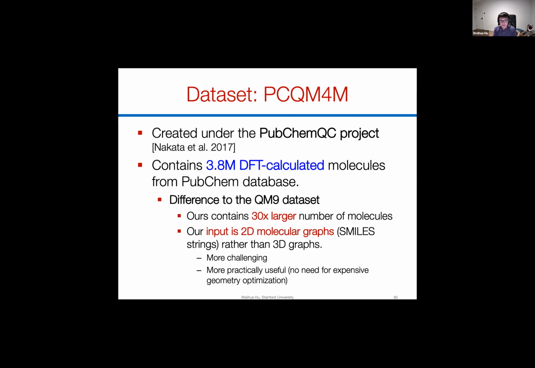And this provides more challenge, because 3D graphs actually contain a lot of signal about the target property. Predicting the target property using 2D graphs is practically more useful because we don't need any expensive geometry optimization, while in QM9, we need to do geometry optimization in the first place to provide the input, which is very expensive.